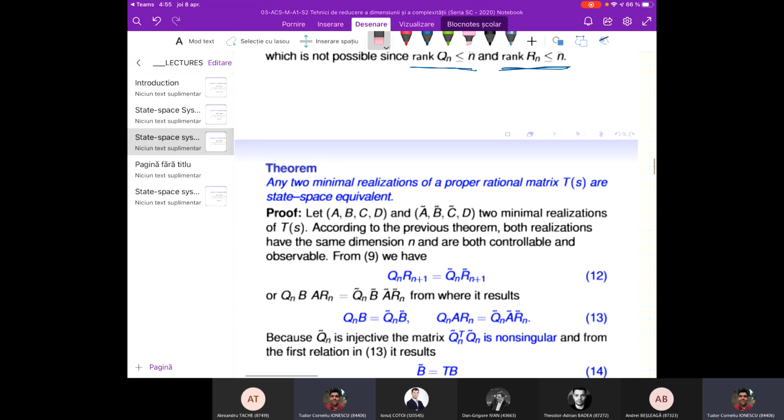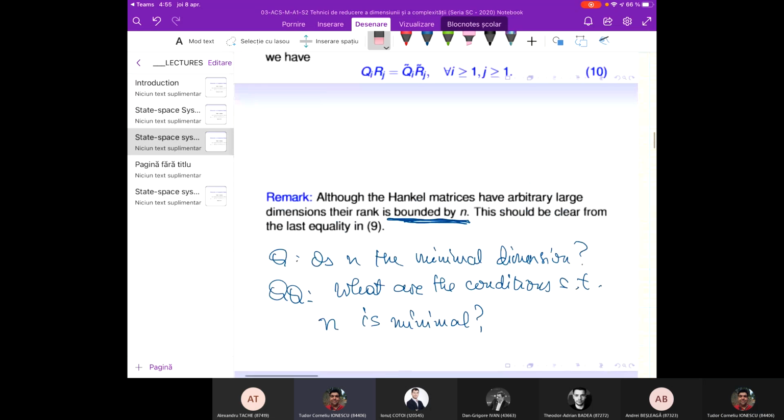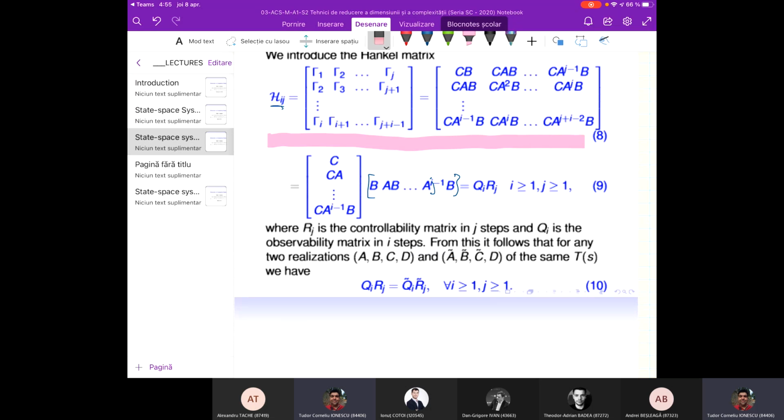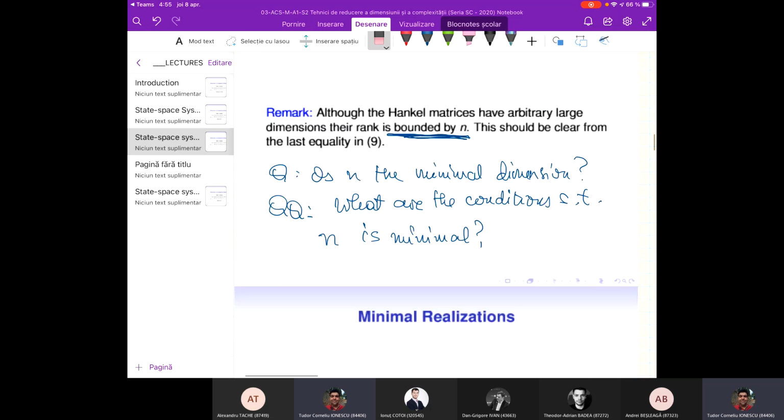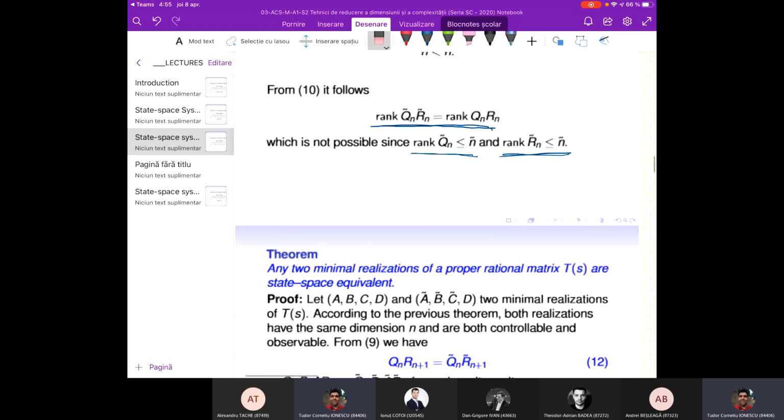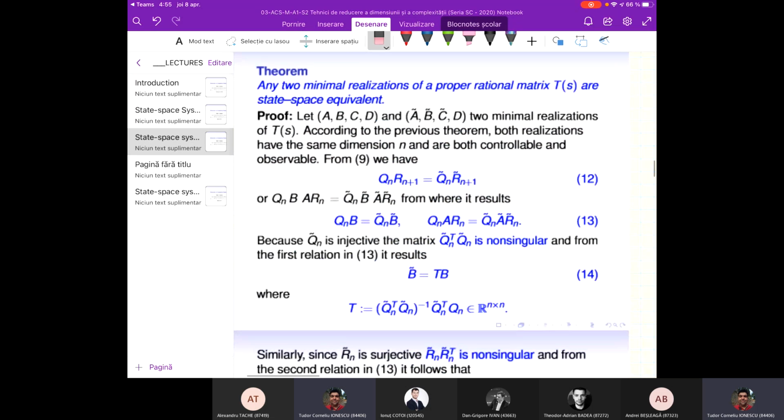From relation 9, this is relation 9, it can be easily seen that Qn Rn+1 is also Q tilde n R tilde n+1, or Qn B, A Rn, because Rn+1 is B, A Rn, is equal to this, from which you have that Qn B equals this.